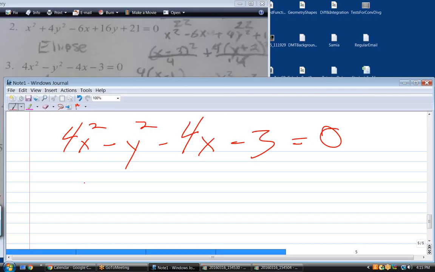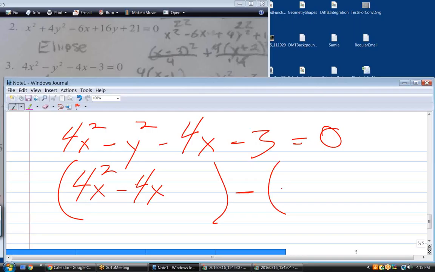Now, this is a little tricky in the sense that when you set it up to complete the square, you have to add parentheses, just like normal. But in this case, there's a negative sign there. What else do I need to put over there?